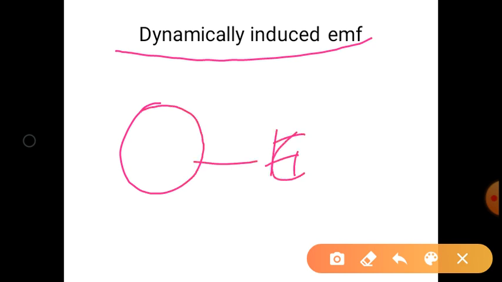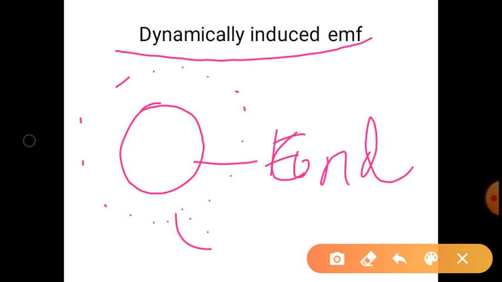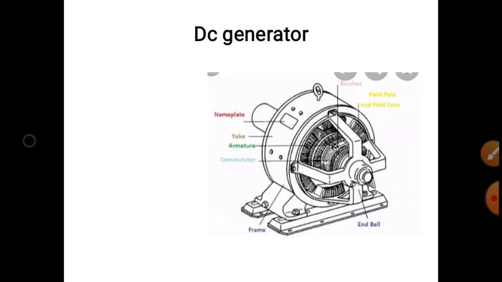But in the case of dynamically induced EMF, there will be a rotation of the conductor and the flux linking to it will be constant. Where do we use dynamically induced EMF? Dynamically induced EMF is used in generators.